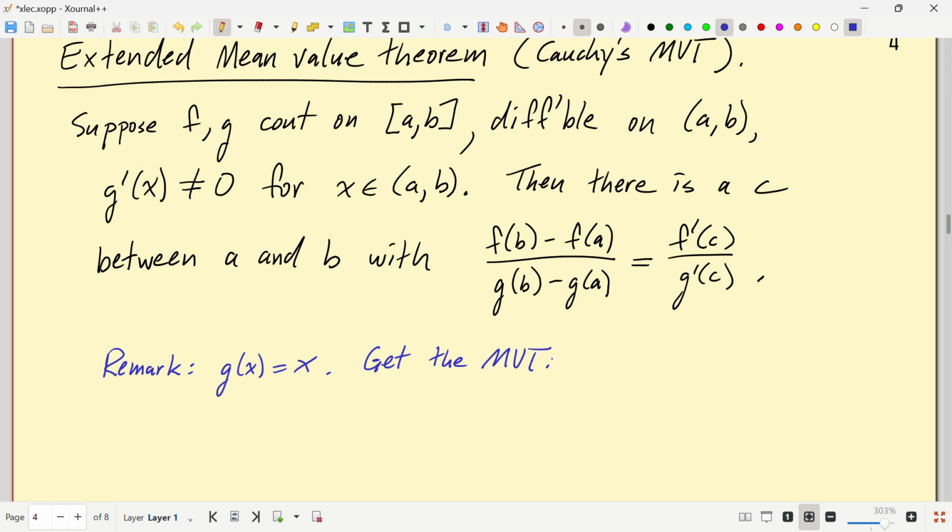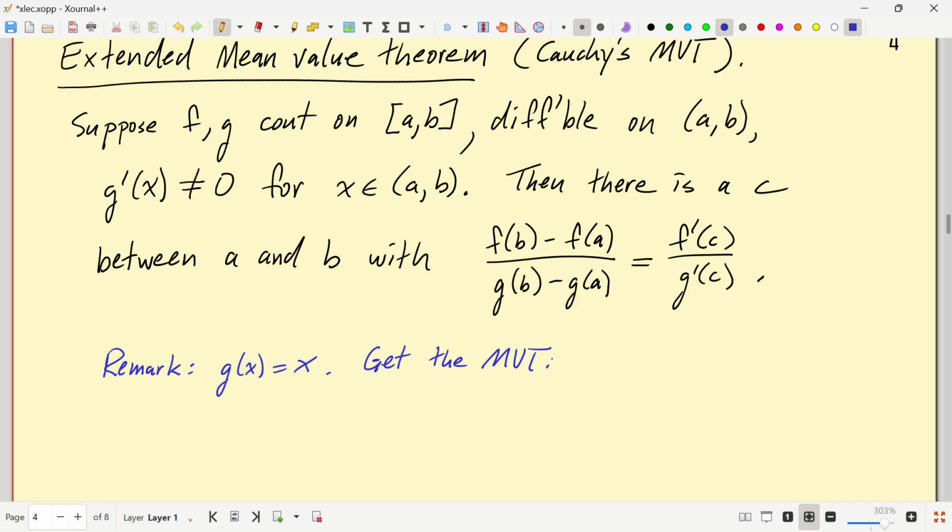That's the extended mean value theorem. And so that allows you to get more and more sophisticated versions of L'Hopital's rule. I'll let you read the statements in the book. Since I did some technical stuff already, I don't want to get bogged down.